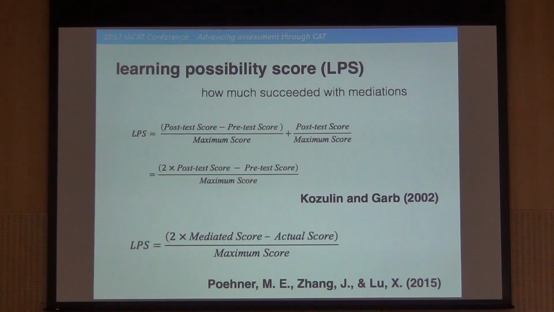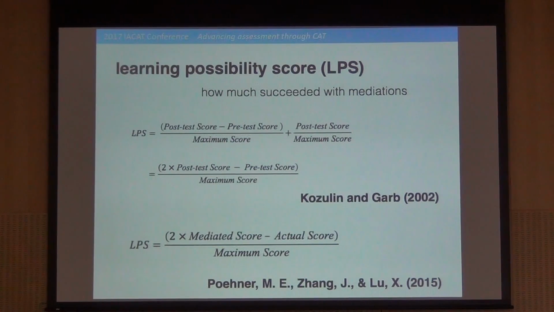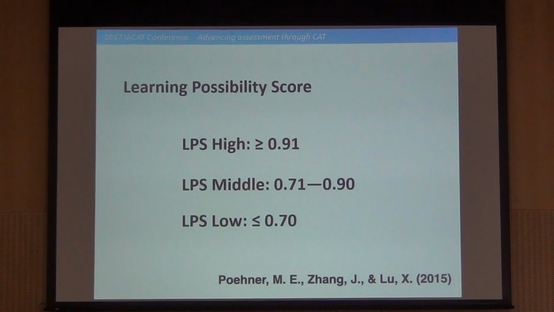They gave a pre-test and post-test and found that some students could increase their score after receiving reading strategy training. So they tried to figure out the amount of improvement by this formula, the learning potential score. LPS can be categorized into 3 levels, high, middle, and low, according to the score range.